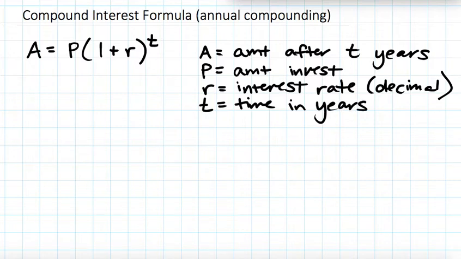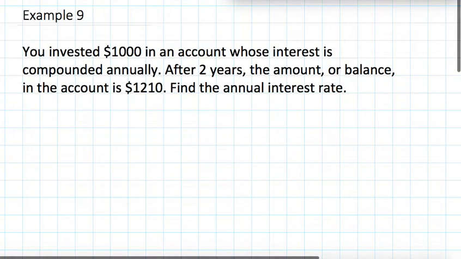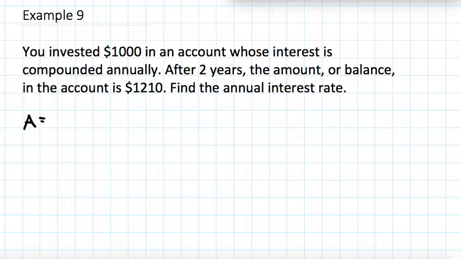So we're going to look at an example problem, example 9. It says you invested $1,000 in an account whose interest is compounded annually. After t years, the amount or balance in the account is $1,210. Find the annual interest rate. So again, we're using our equation A equals P times 1 plus R to the t.